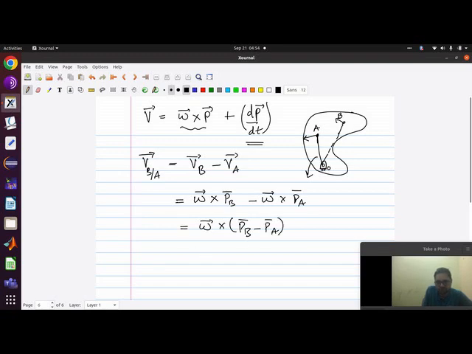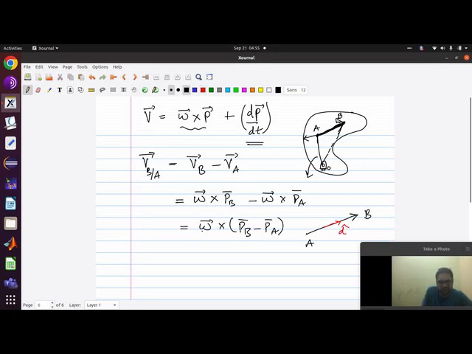So position of B minus position of A is basically this vector. Yeah, this is your position of B minus position of A. Okay, let's draw it here. This is B and this is A. So let's say this is unit vector d cap, and the length of AB is LAB.